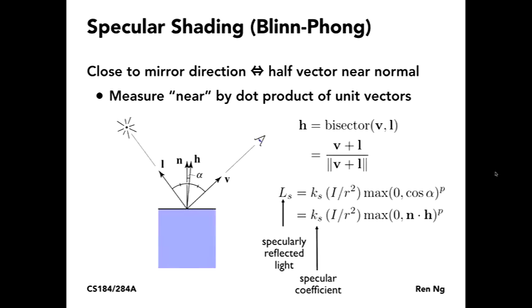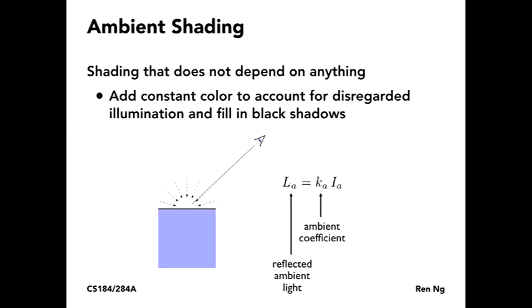Good question. All right. So the ambient term I said is shading that depends on nothing. As I said up front, it's just going to be a hack term in this model, and it turns out to be a really important hack term perceptually.